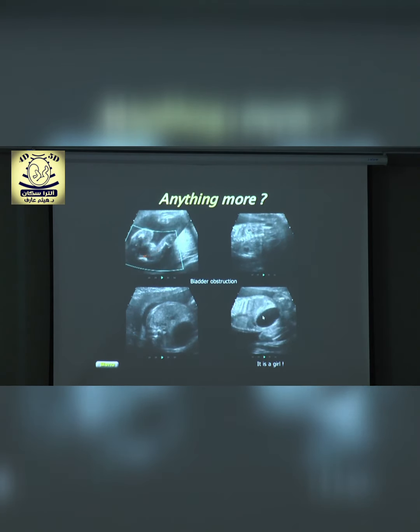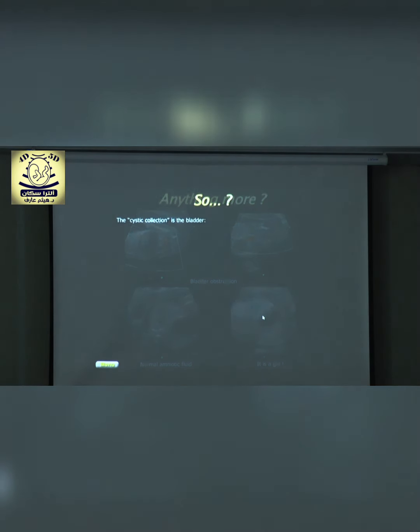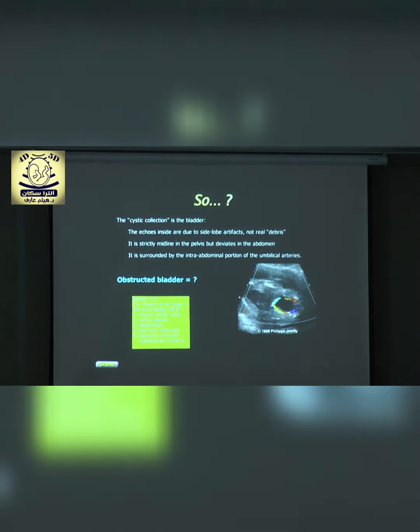It's a girl, has no amniotic fluid. So we know the cyst is the bladder because we have the umbilical arteries alongside. Any connection that has the umbilical arteries alongside has to be the bladder. There's nothing else. No mesenteric cyst, no ovarian cyst, no nothing. So it's the bladder.